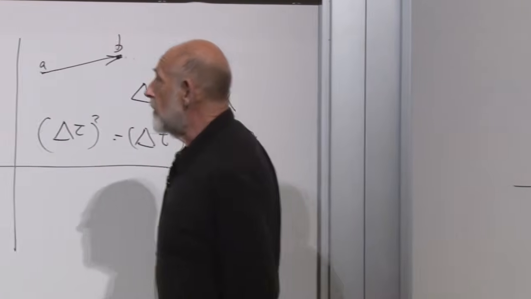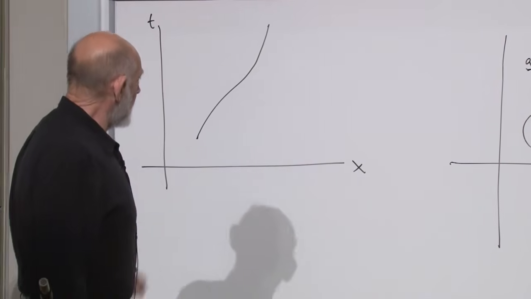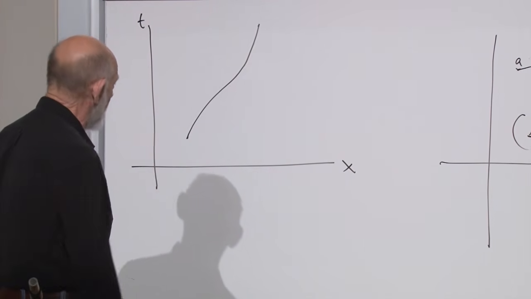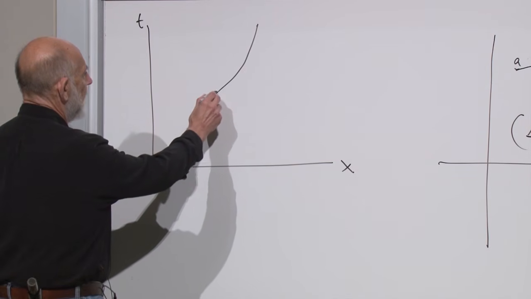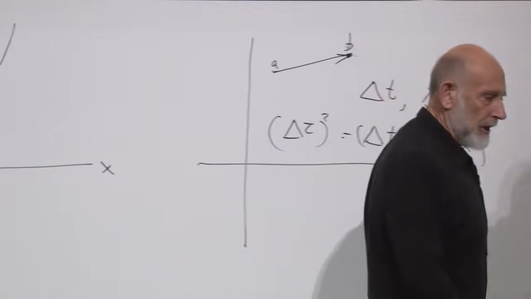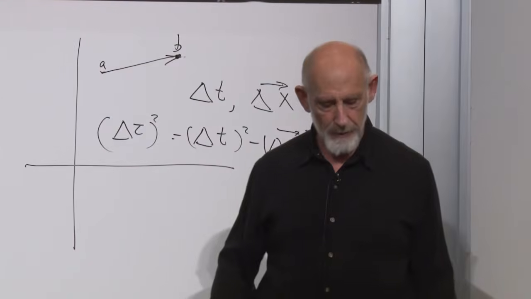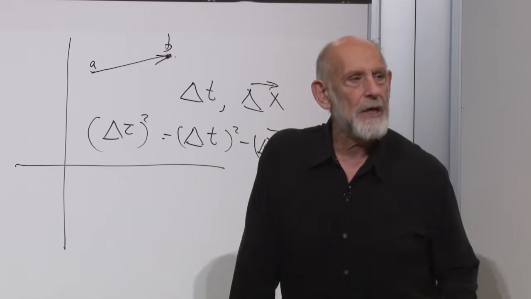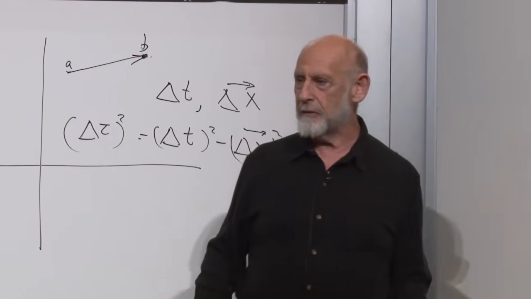Particles move on time-like trajectories. Everywhere along the motion of a particle, if we break the trajectory up into little intervals, every little piece of that trajectory is time-like. That's just a statement that nothing can move faster than the speed of light. We've already seen how frustrating it can be to try to get something to move faster than the speed of light.